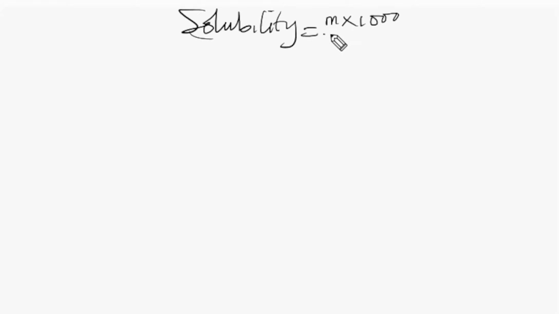So first of all, the solubility will be the mass times 1000 over the molar mass times the volume.